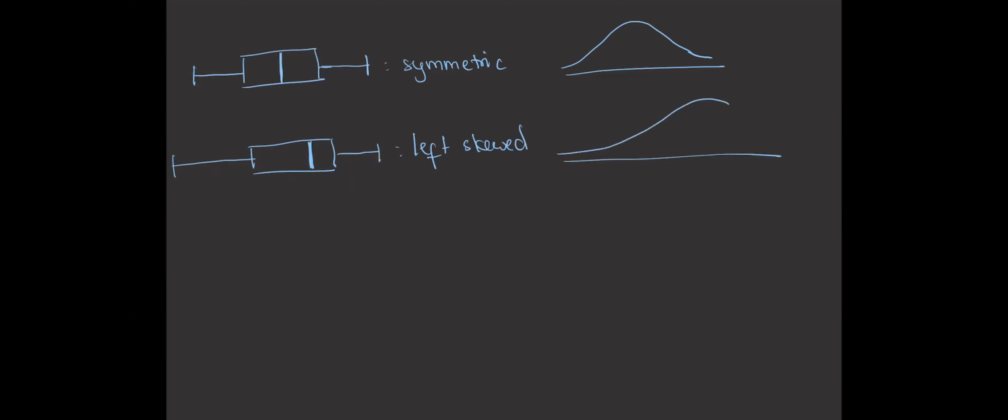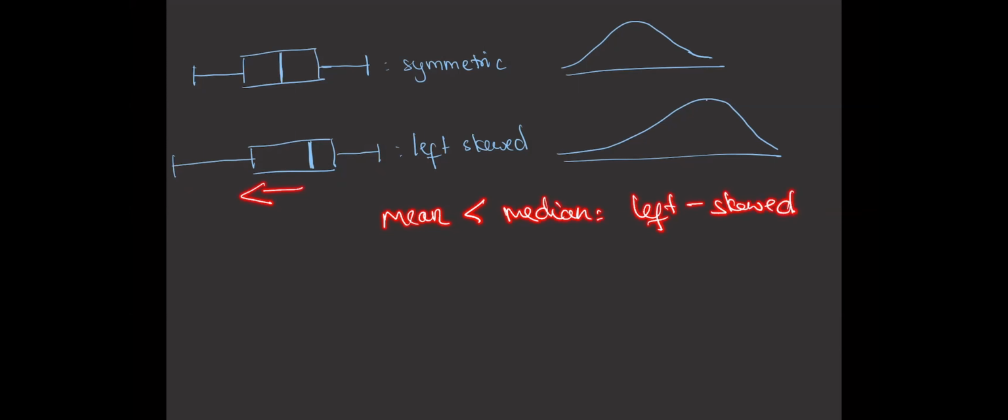It will look like this. They kind of represent the same information, because the mean will be pulled toward this side. And when the mean is less than the median, we know that it is left skewed. We discussed this when we talked about histograms, I think.